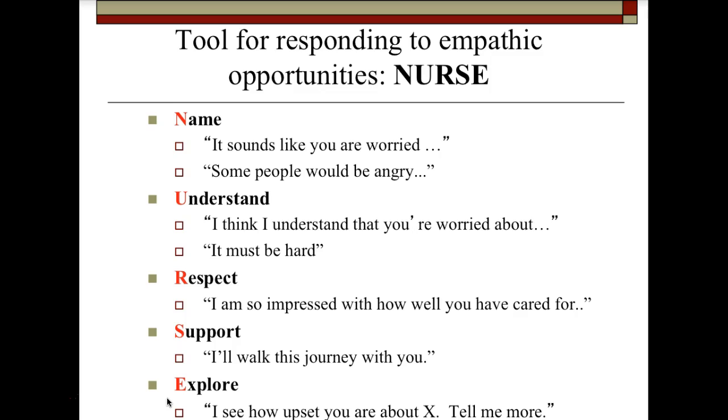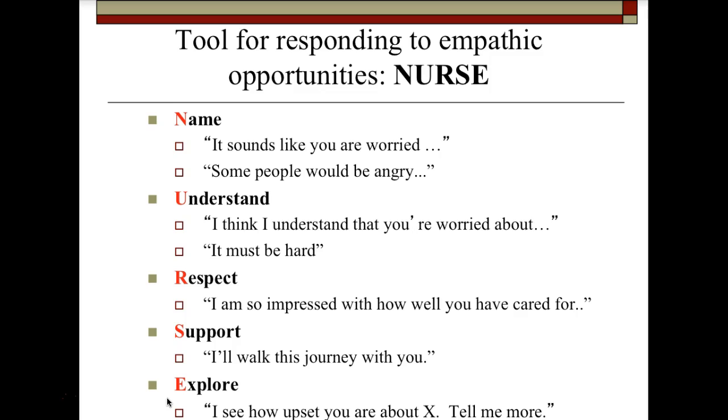So for example, if it's a loved one of a patient that you're caring for, then you can say, I am so impressed with how well you've cared for XYZ. Or if it's the patient themselves, then you can say, this is really hard stuff you've been going through, and I'm so impressed with how you've come through it. Something to let them know that they really have been doing a good job and that it has not gone unnoticed.